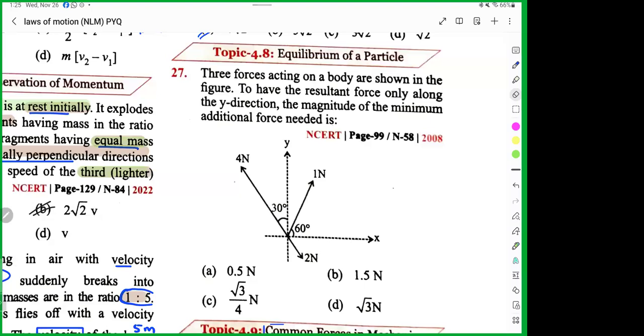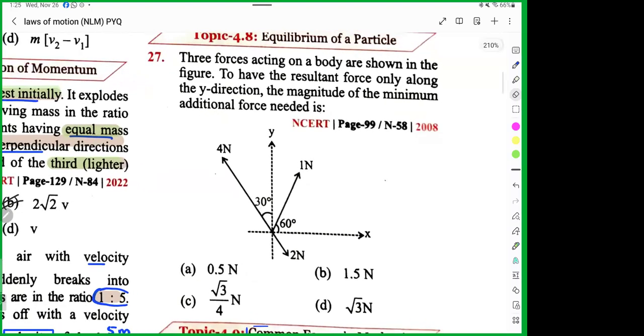27th question. In this 27th question, we have to apply Lami's theorem, and we are already done with it. Lami's theorem: F1 divided by its opposite angle sin alpha is equal to F2 opposite side sin beta, F3 opposite side sin gamma. Opposite side is important.